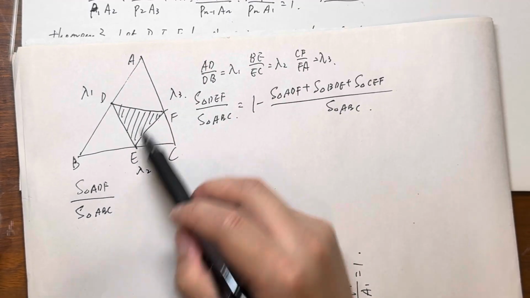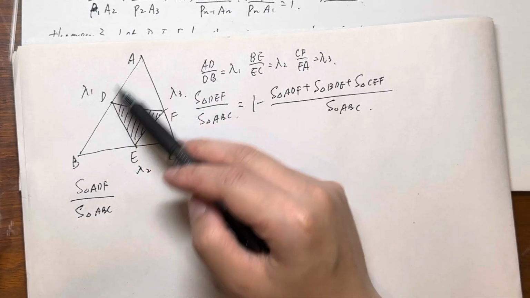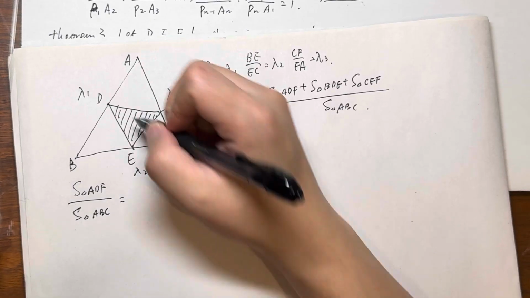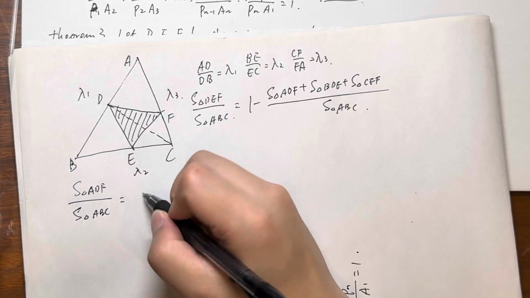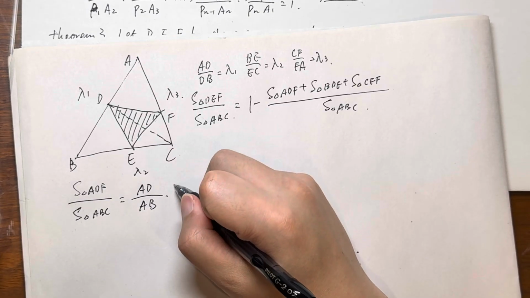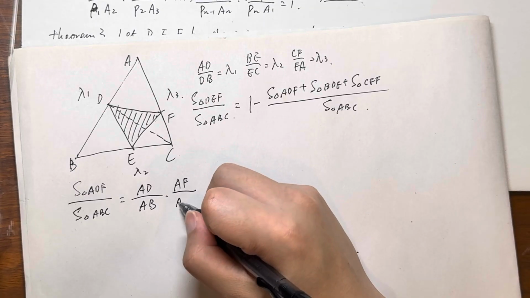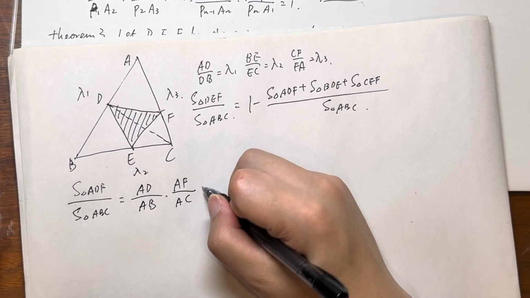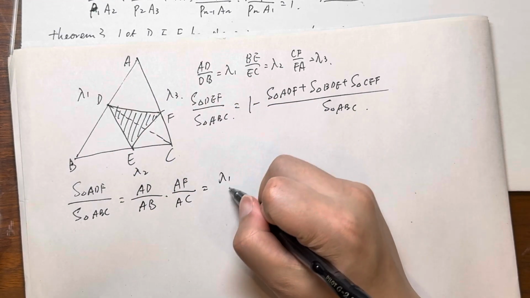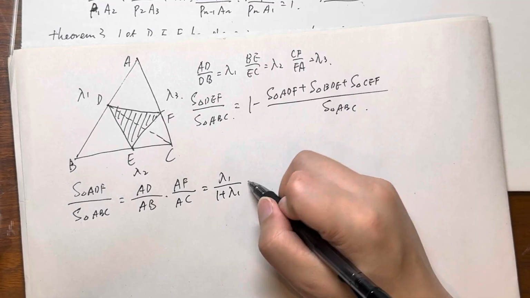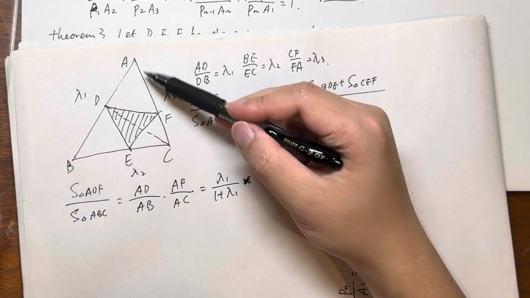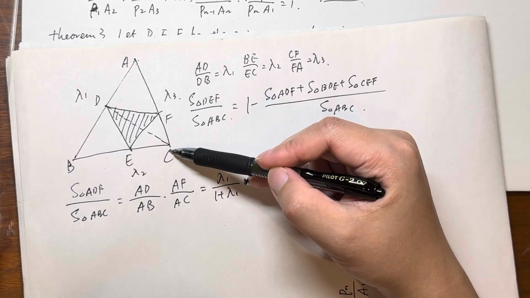So we know that the area of triangle ADF to the area of triangle ABC can be written as AD to AB times AF to AC, right? And we know that AD to AB is lambda 1 to 1 plus lambda 1, times AF to AC.